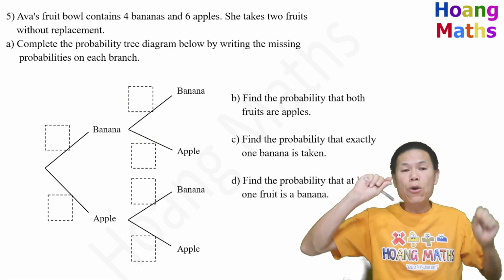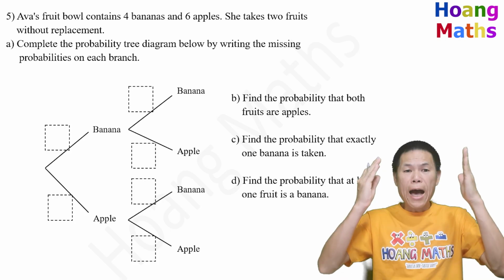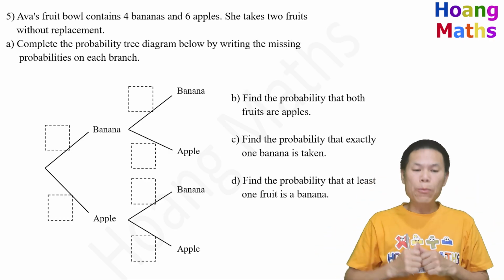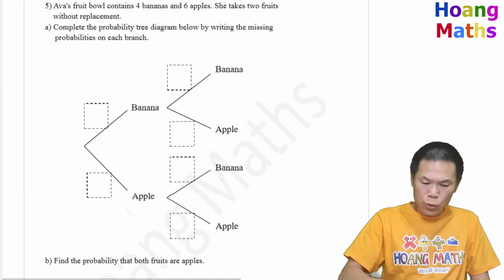Please stop the video and try this one yourself. Hi there, I'm back. How did you go? Let me go through them with you. First of all, let me complete the tree diagram.